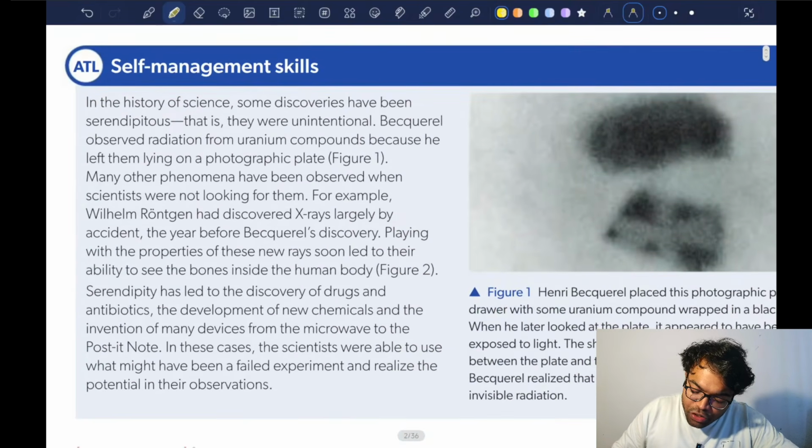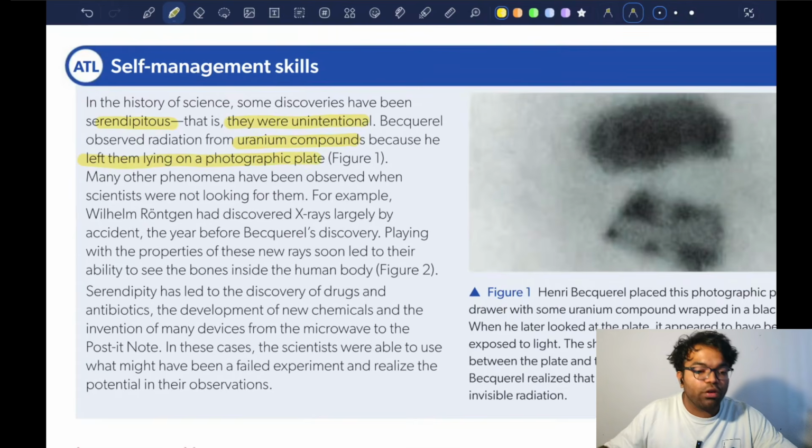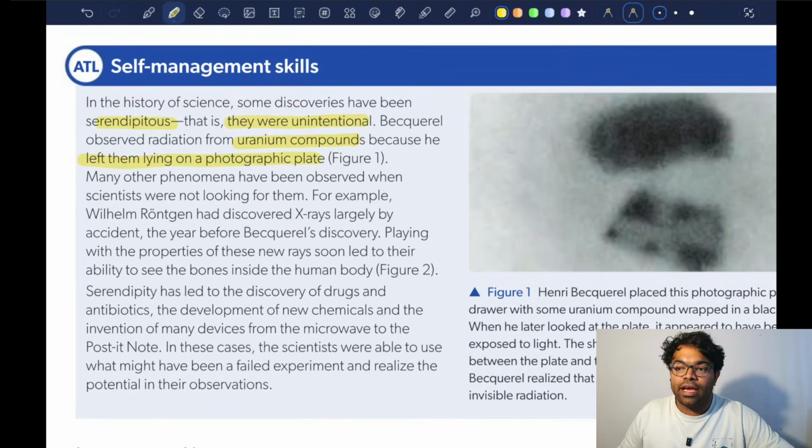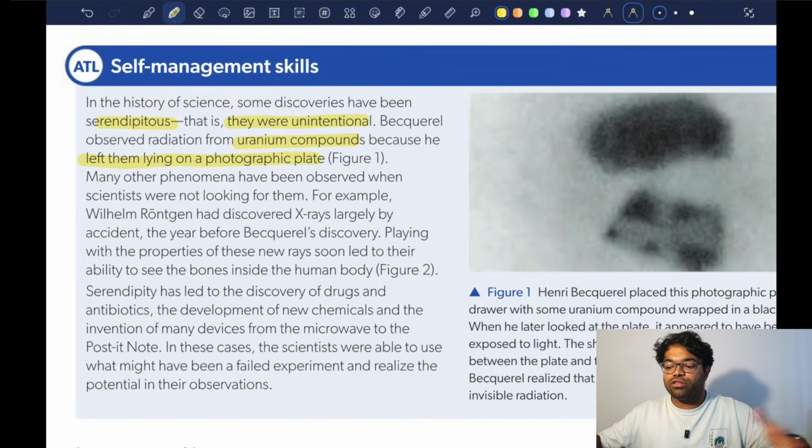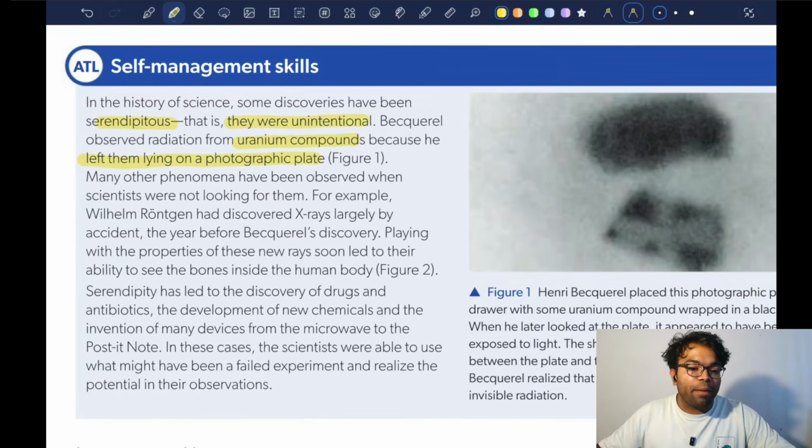In the history of science, some discoveries have been serendipitous, that is, unintentional. Becquerel observed radiation from uranium compounds because he left them lying on a photographic plate. Imagine if he was nonchalant and didn't care about what happened.